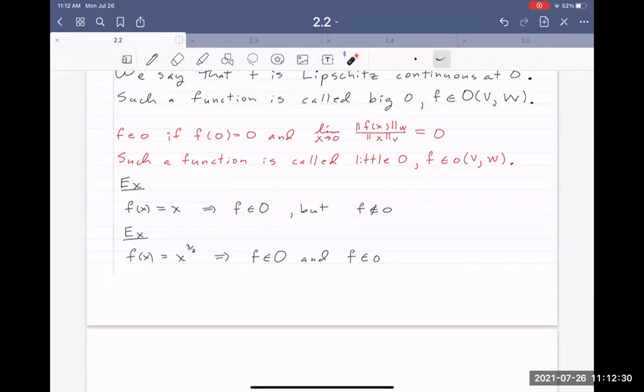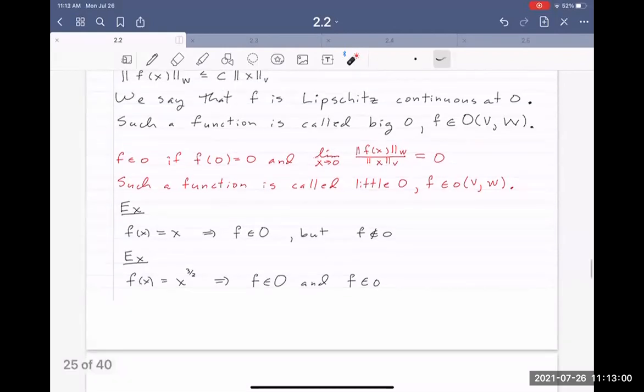It turns out that little o is a subset of big O. So if anything is little o, then it's going to be big O. If f of x is equal to x to the 3/2, then f is both big O and little o.